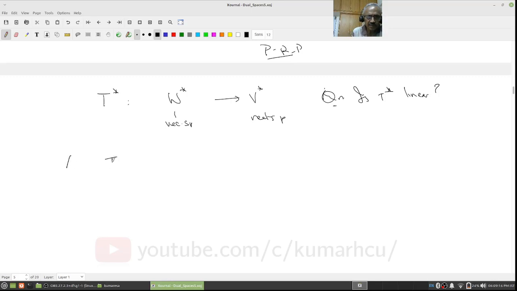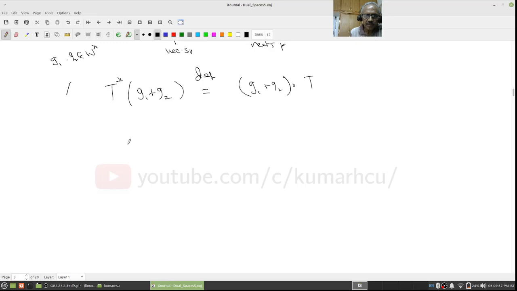Let us just check. So what is T star of, let us say, G1 plus G2? Let G1, G2 belong to W star. Then this by definition is G1 plus G2 composite T. Now T star of G1 plus G2 should be in V star.